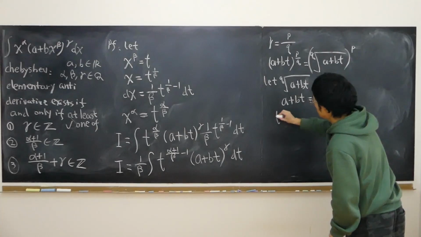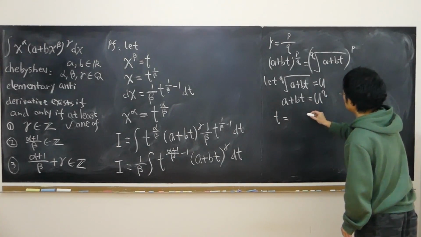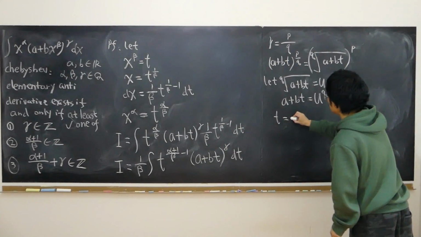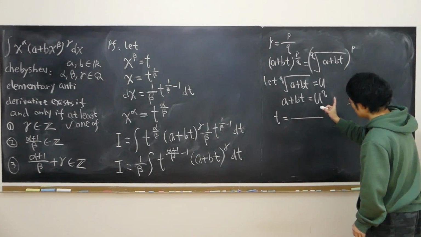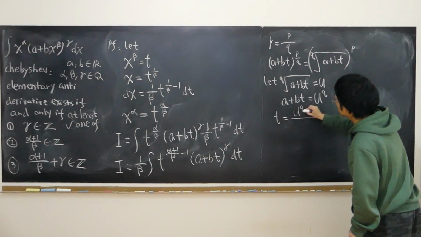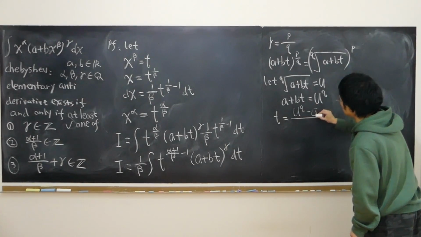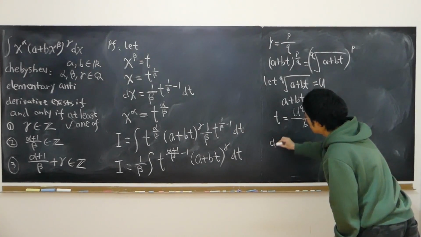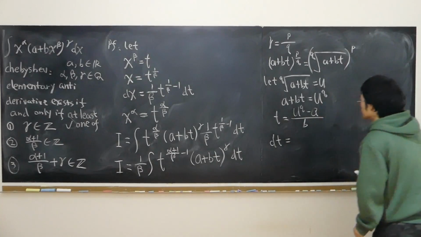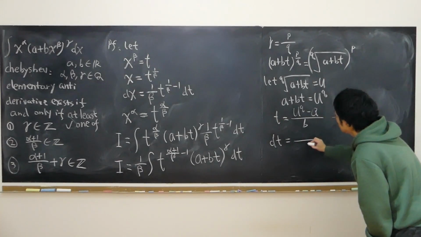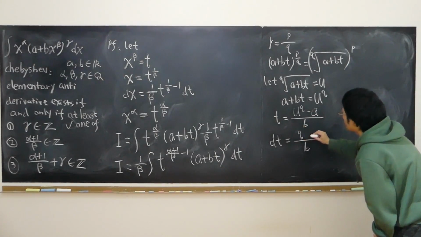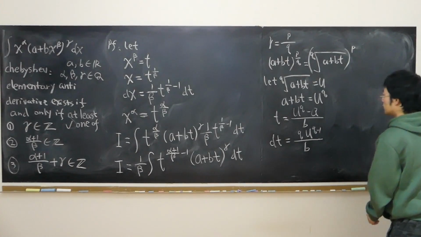And then we solve for t, which is equal to this, a moved to here and then divided by b. So it's u to the q minus a over b. dt now is equal to b still remains, times q times u to the power of q minus 1, plus 0.